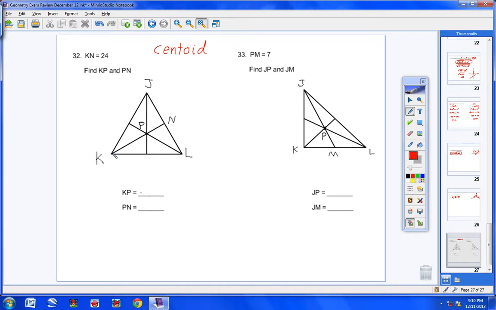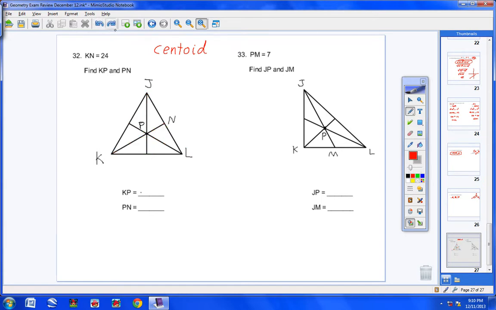Anytime you draw a line from the vertex to the other side so that it forms a right angle, and then draw another line from another vertex all the way across the triangle so that it forms a right angle, and then when you draw another line from the third vertex so that it forms a right angle over here, these three lines are always going to intersect in one place, and that one place right there is called the centroid. Okay, so that's what the centroid is.